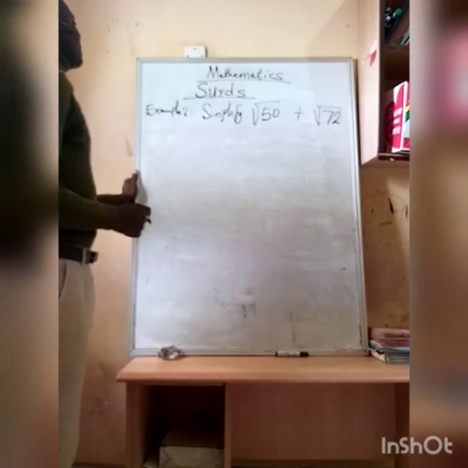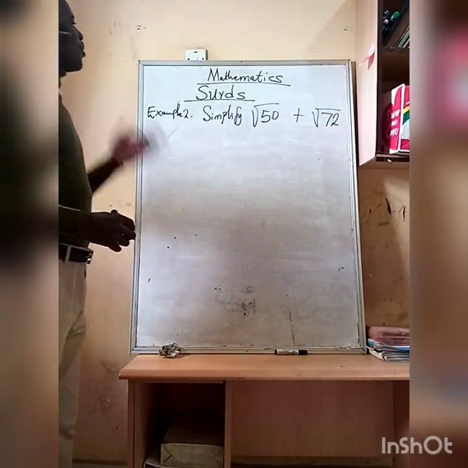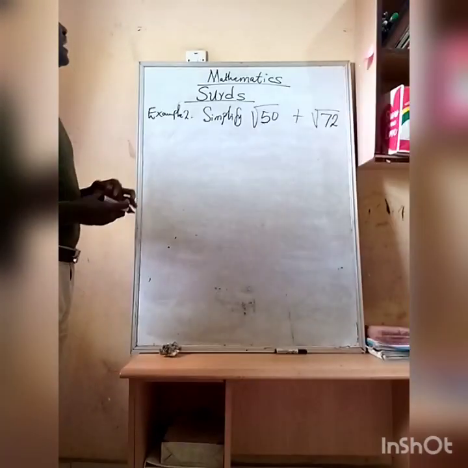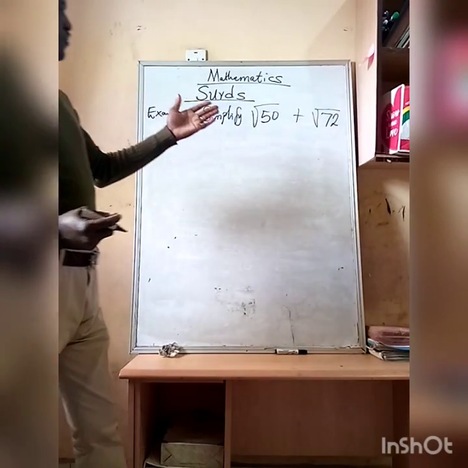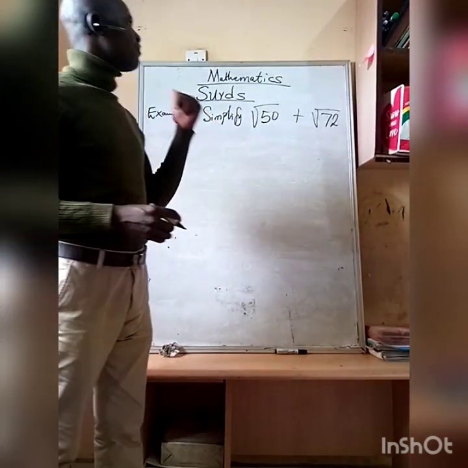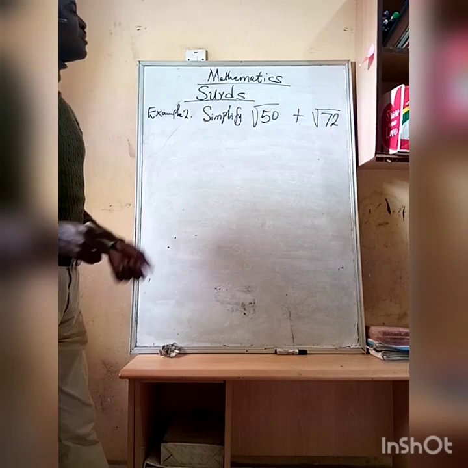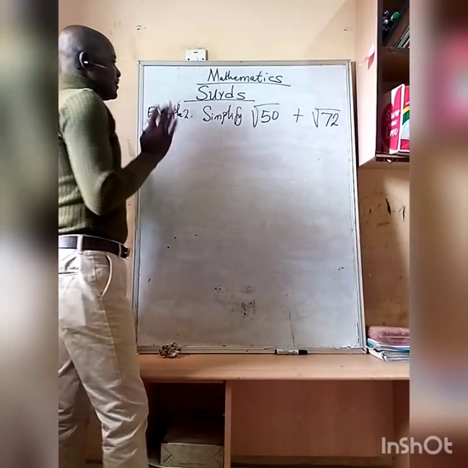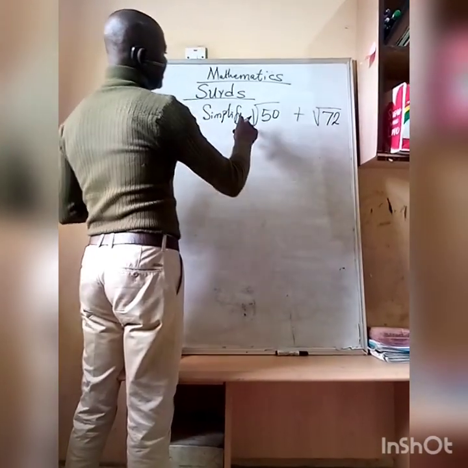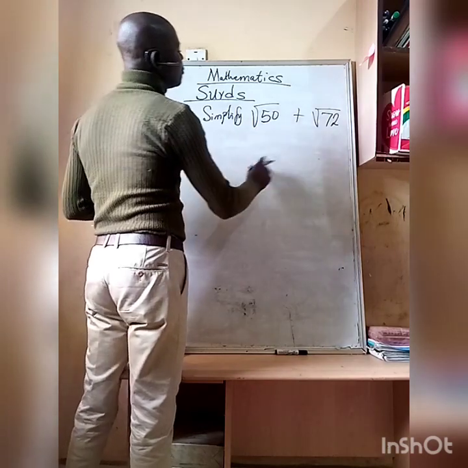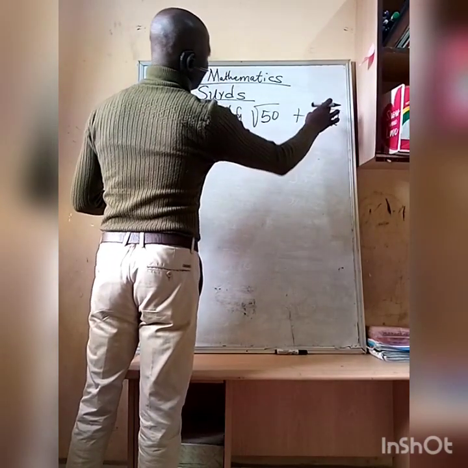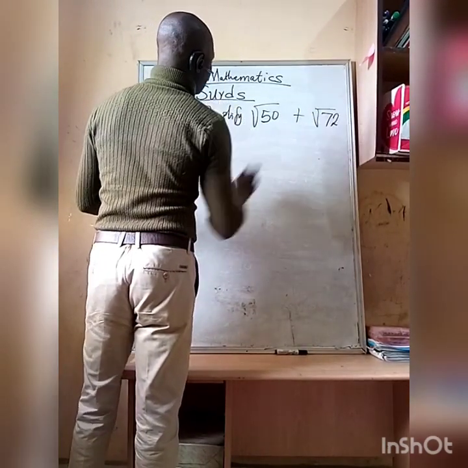So, here is another example. One may be told to simplify something like this: root 50 plus root 72. The same thing that I did with the root 50 is what I'm going to do with the root 72.